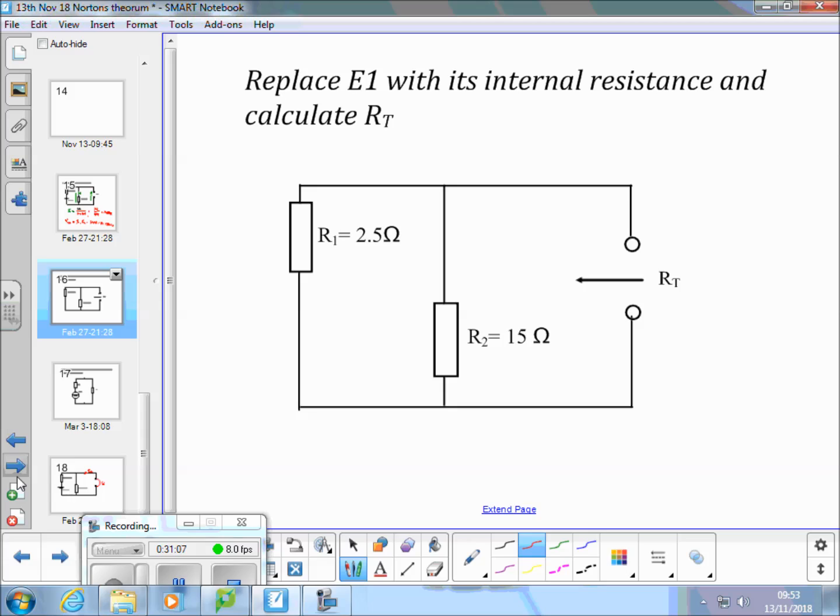This calculation is the same whether you use Thevenin's or Norton's, because you're replacing the same source with the same short circuit and you're looking in at the same two terminals, A and B. So here you should have done product over sum.